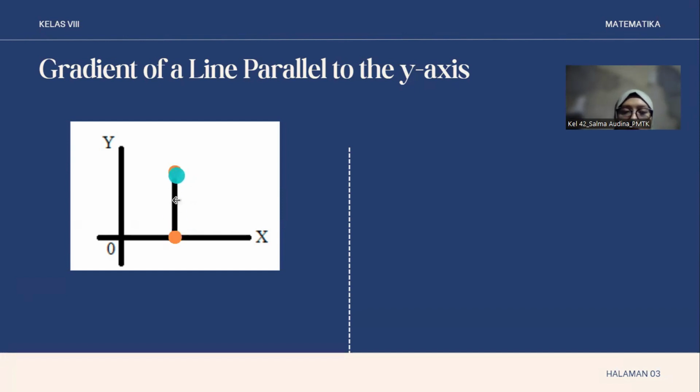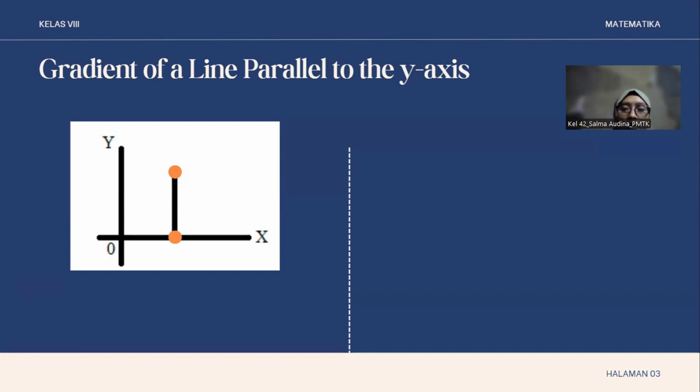We can see that there is no horizontal distance from the first point to the second point. So that means the horizontal distance is 0.